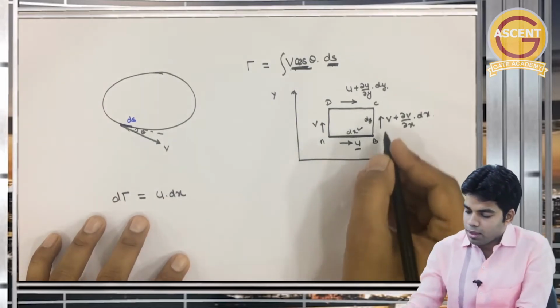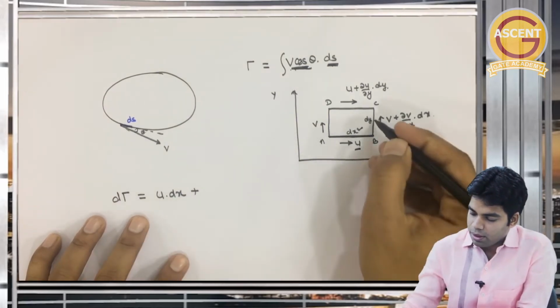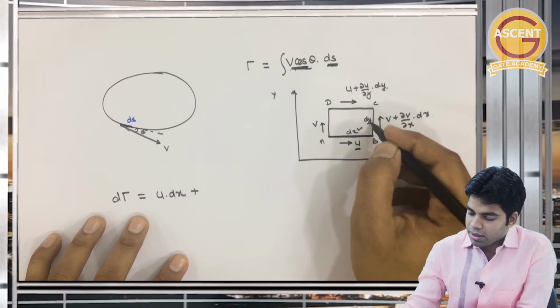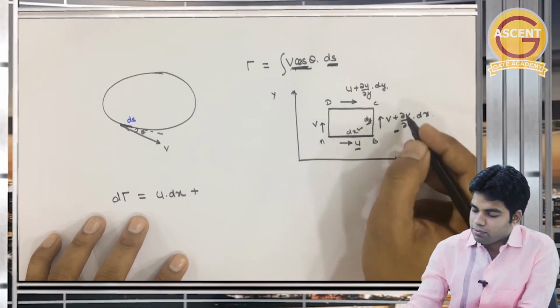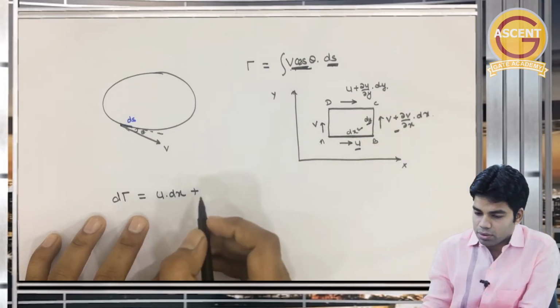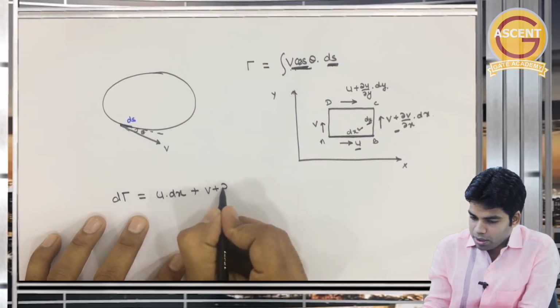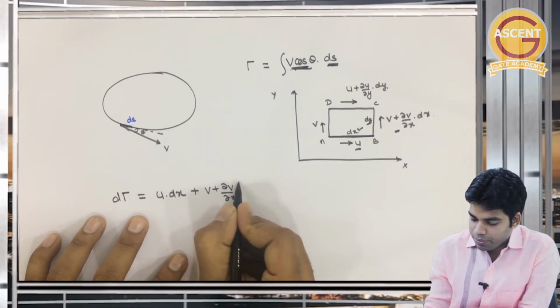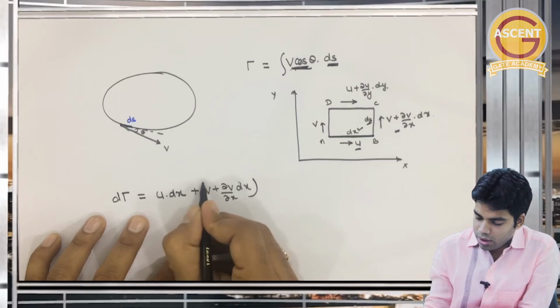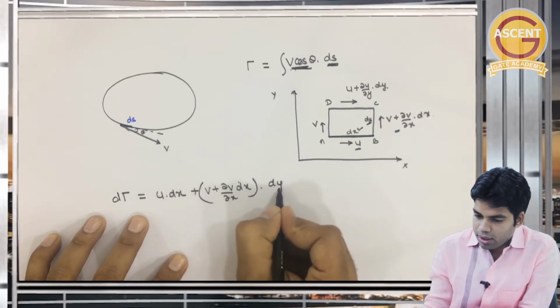Plus for BC, the elemental length is dy and the velocity component is v plus del v by del x into dx, so this will be plus v plus del v by del x into dx, into dy.